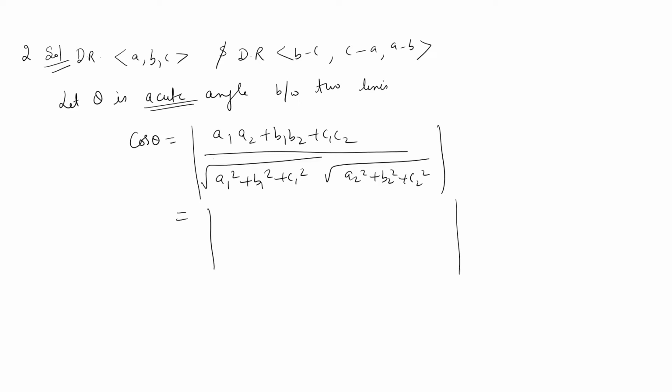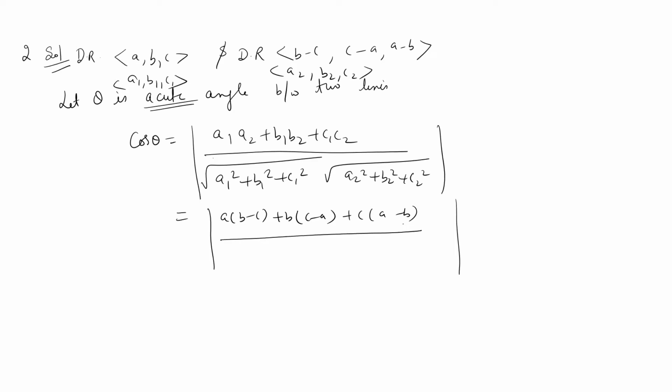So this is your first set of direction ratios, and these are your second direction ratios. The numerator will be a into (b minus c) plus b into (c minus a) plus c into (a minus b), upon the square root of a square plus b square plus c square, times (b minus c) whole square plus (c minus a) whole square plus (a minus b) whole square.